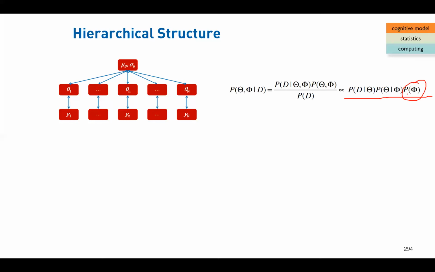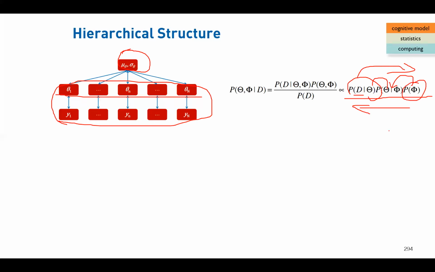Here, this is the prior of the group level. According to the group, this is the individual level. Then according to the individual level parameters, we have this part, which is the likelihood. If we always look from the right-hand side to the left, everything is much easier to understand. Not so easy, but easier than if we look from here to here. That doesn't make too much sense in my opinion.